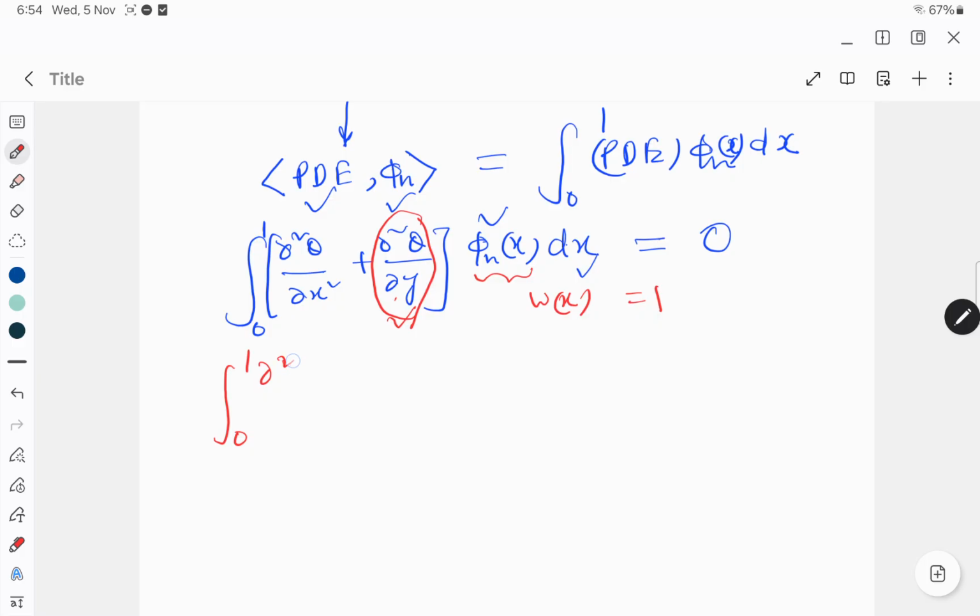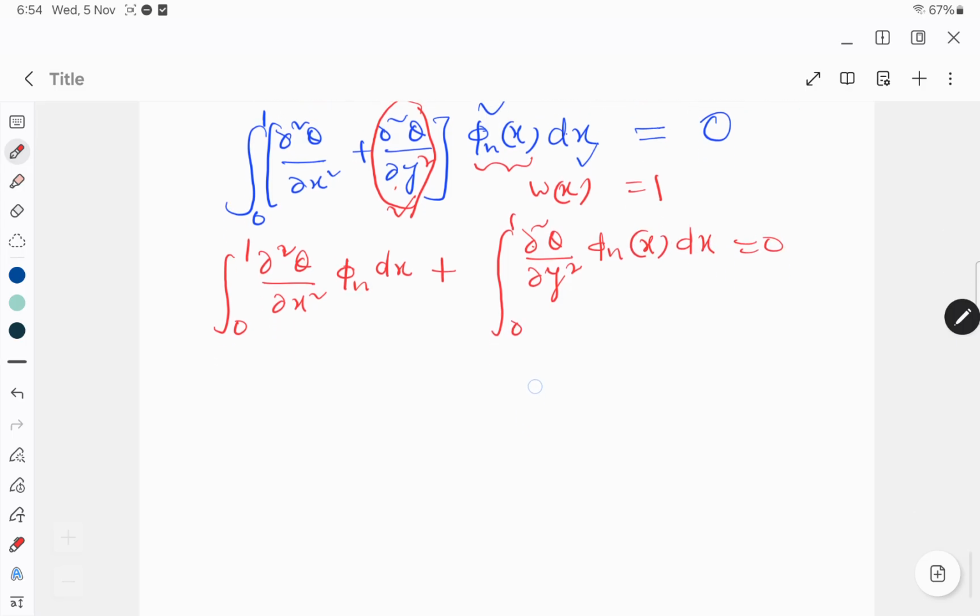So the first term we either solve, or let's open this up: integral of del 2 theta over del x square times phi n x, this is a function of x, dx, plus the integral of del 2 theta over del y square times phi n x dx, from 0 to 1, is equal to 0.